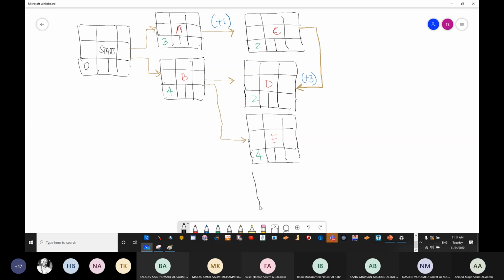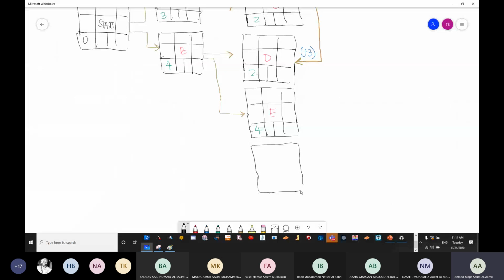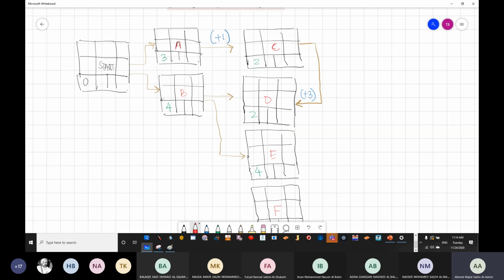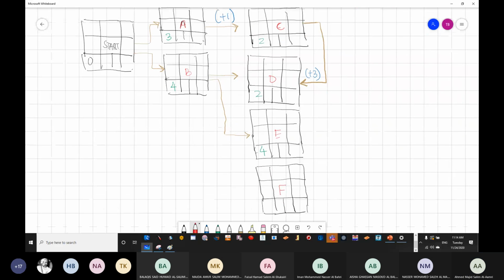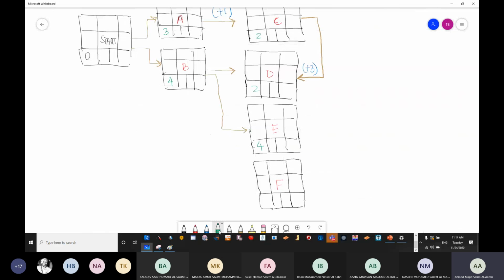So I'm going to draw F here. What is the duration of F? We can see that the duration of F is 6.